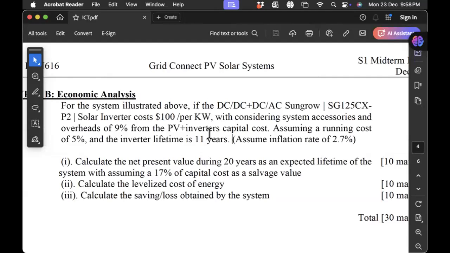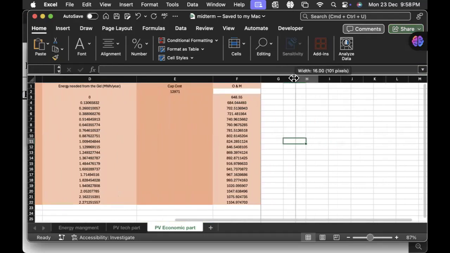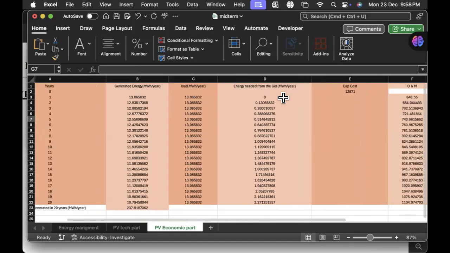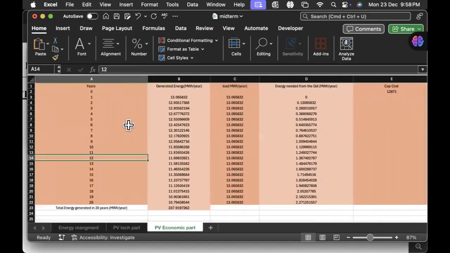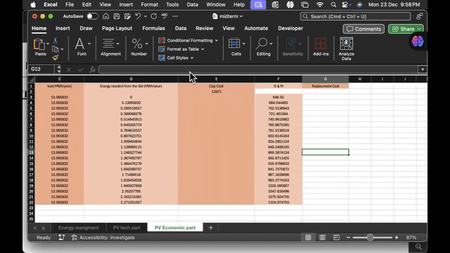Okay, now we have another source of cost, which is the replacement cost. And for the replacement cost, it's only once because our system life is 20 years. We have to go to year number 11, this one. Sorry, yeah, this one, and then we can calculate it, which is the present cost of the inverter.